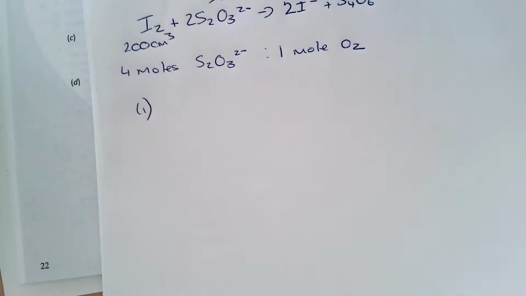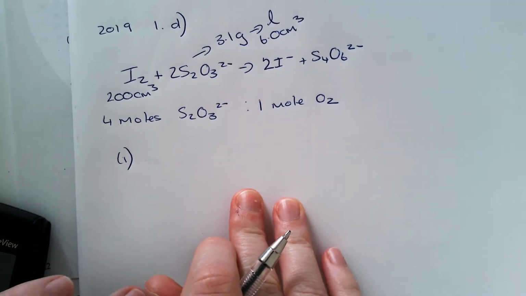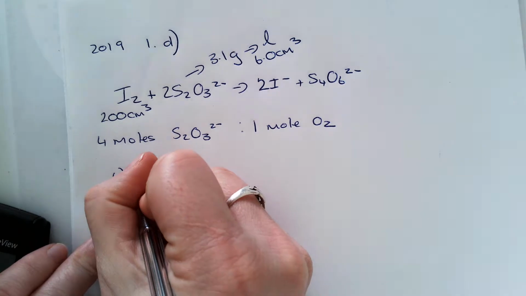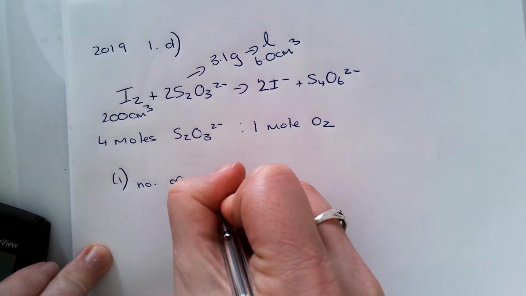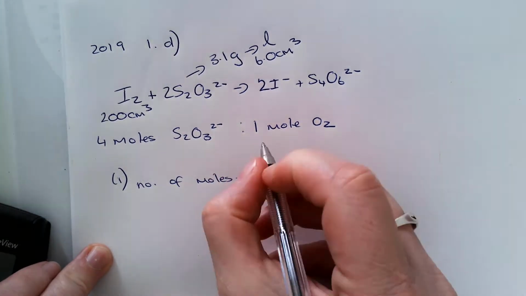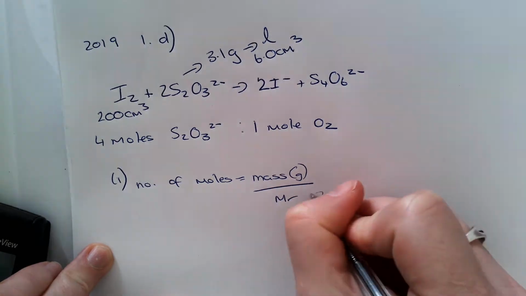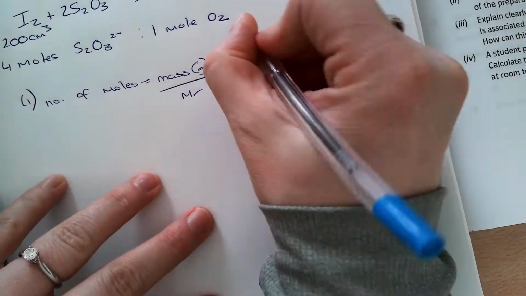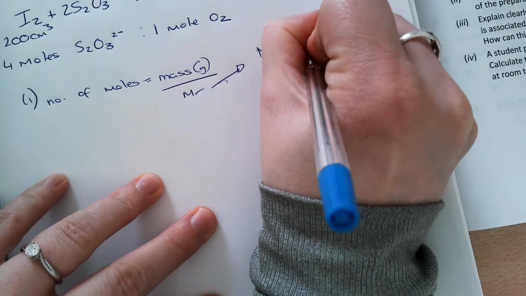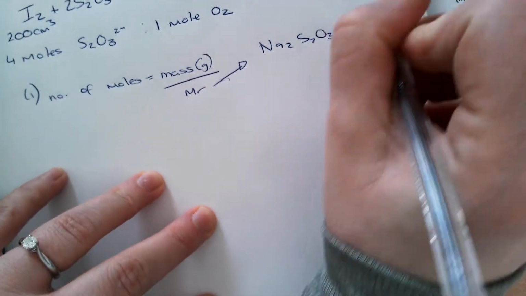Okay, so I have 3.1 grams per litre. The first thing I need to work out is my number of moles in this 3.1 grams. So mass in grams divided by my relative molecular mass, and I'm given the full formula for sodium thiosulfate. So it's Na2S2O3 by 5H2O.